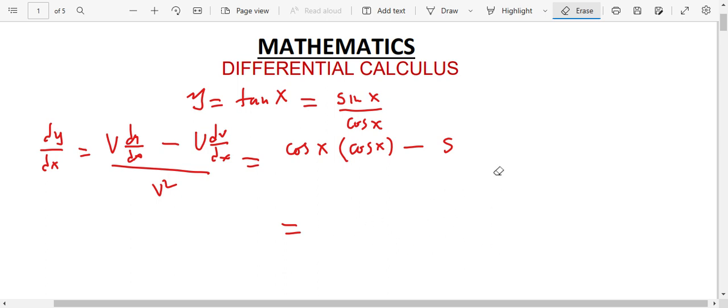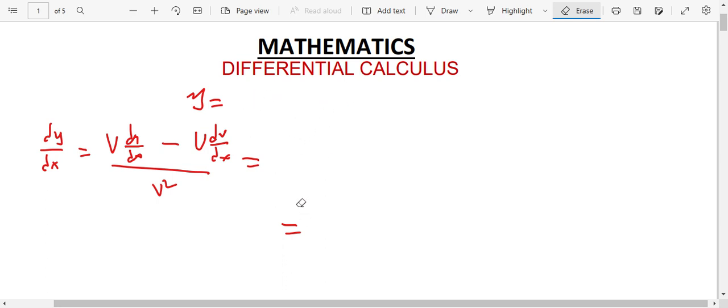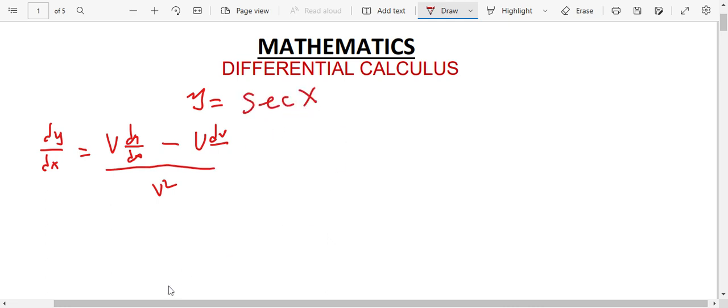Now I want also to show you the derivative for sec, so that the rest you can get yourself in case they come. So let's say we've been asked to find the derivative for sec x. We know sec x is the same as 1 over cos x, meaning that we are also supposed to use the quotient rule.